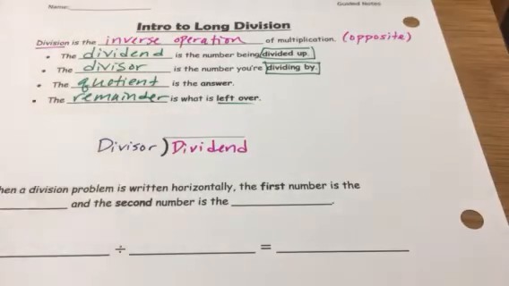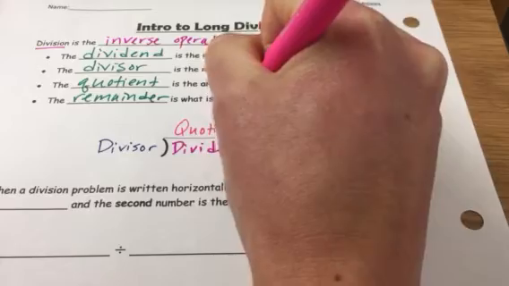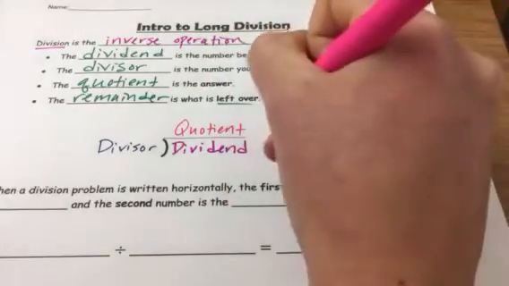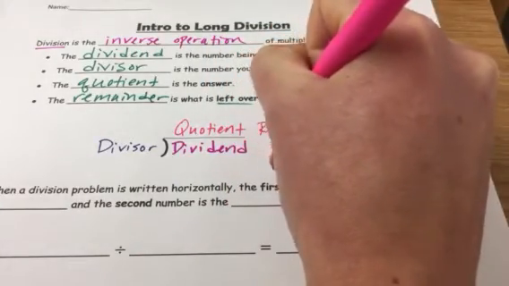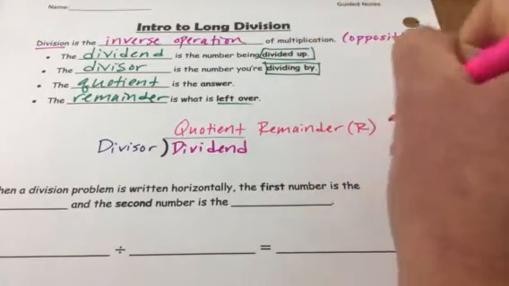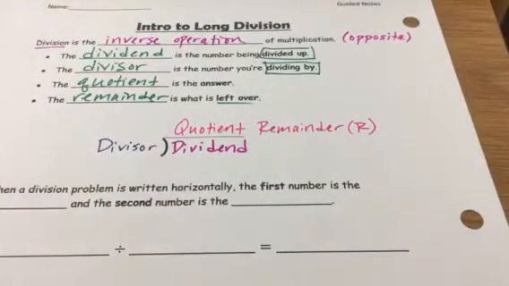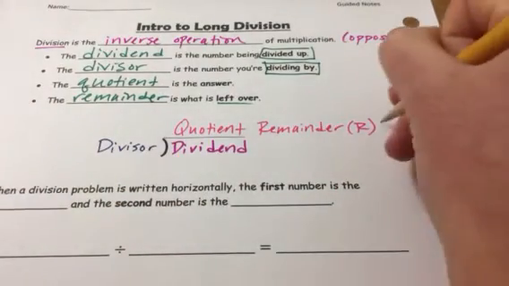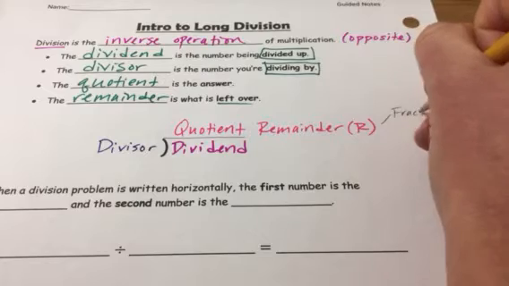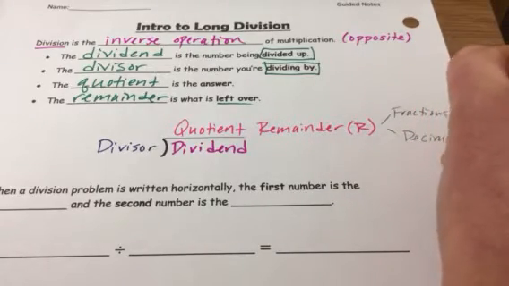Our answer, or our quotient, goes up top with the remainder next to it if we have one. And we'll use R for right now to represent remainder. We will eventually look at how to represent it as fractions and decimals, but we're not there quite yet.